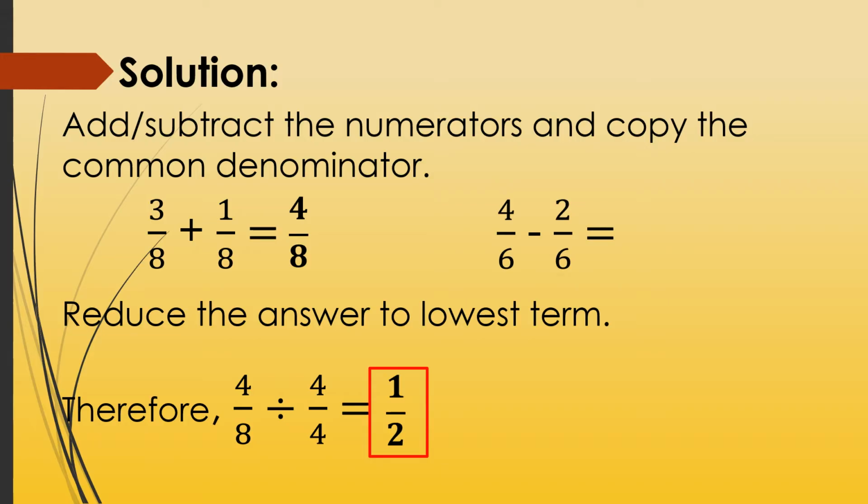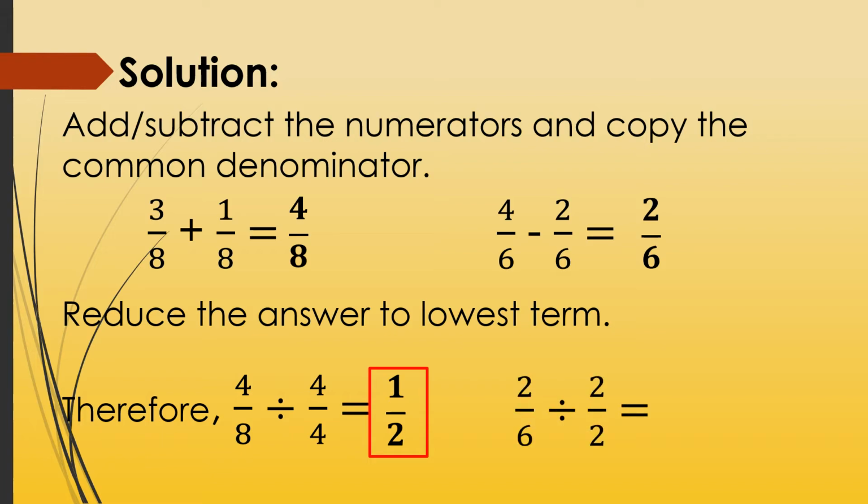And then, let us now subtract. 4 over 6 minus 2 over 6. Again, ima-minus lang natin ang dalawang numerator and then copy the denominator. So, the answer is 2 over 6. So let us now reduce it, yung 2 over 6, into lowest term.